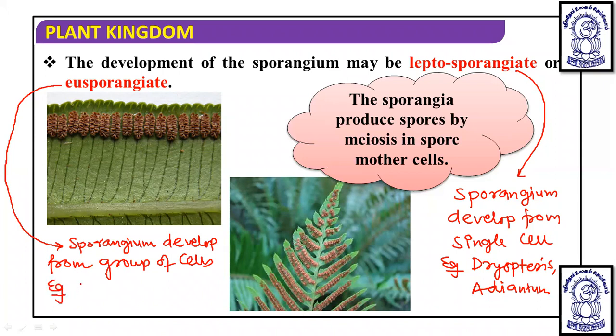For that, the examples are Selaginella and Equisetum. So this is what is seen particularly in the development of sporangium.